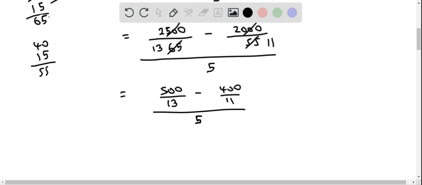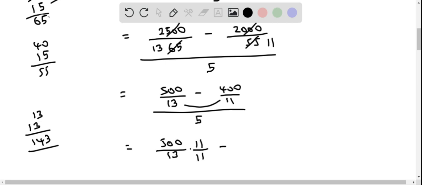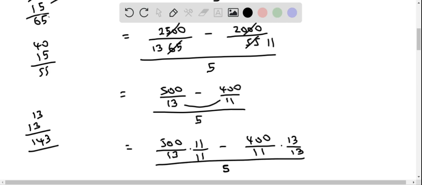Let's simplify the numerator terms. We have to find the common denominator, that is 13 times 11, which is 143. This means the first fraction I should multiply and divide by 11, and the second fraction I should multiply and divide by 13. So I do that, and this is all over 5.